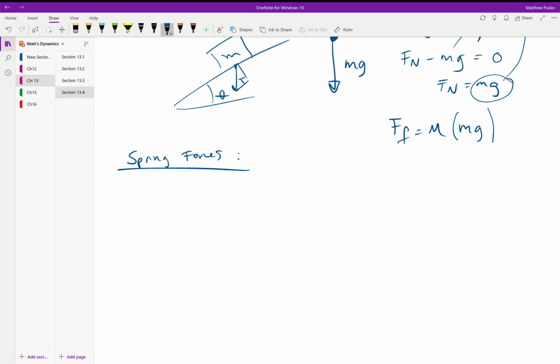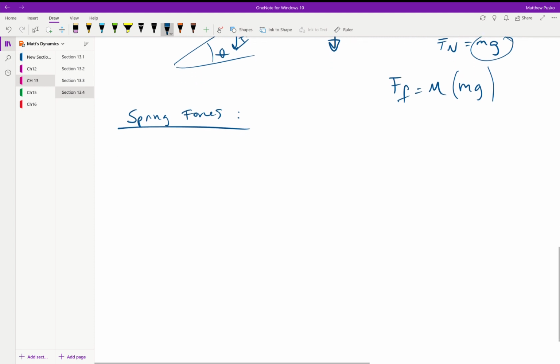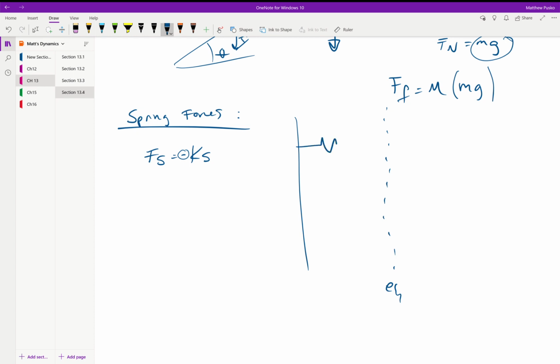Alright, if the particle is connected to an elastic spring having negligible mass, which most will, the spring force can be used. And this is called Hooke's law, where the spring force is equal to ks, and it's usually got a negative in front of it, meaning it works in the opposite direction of displacement. So if this dashed line is our equilibrium point, and there's my spring.